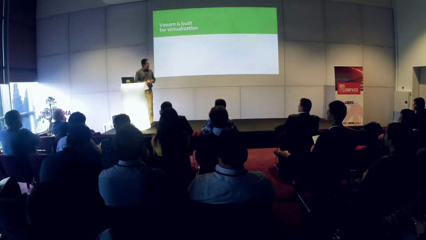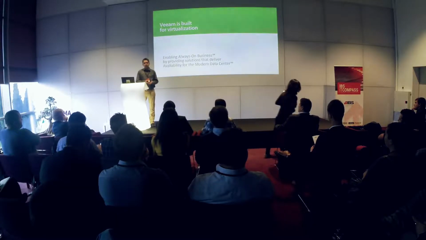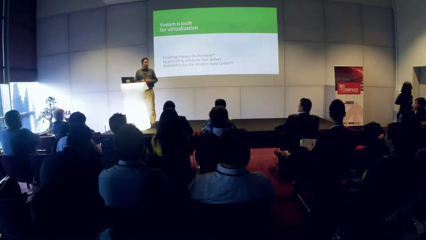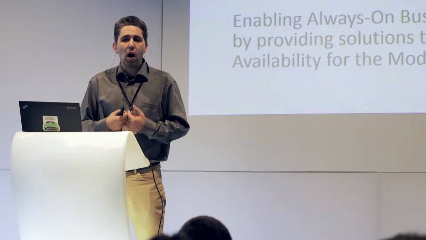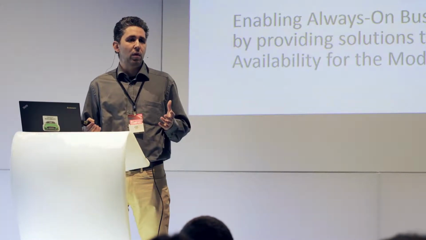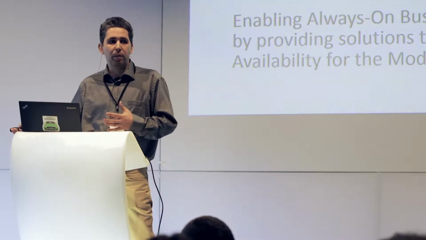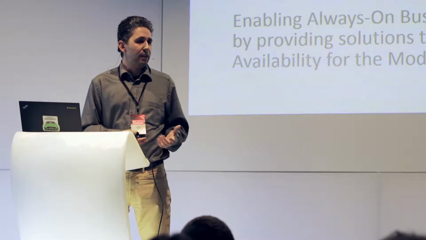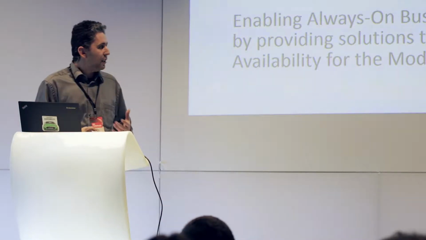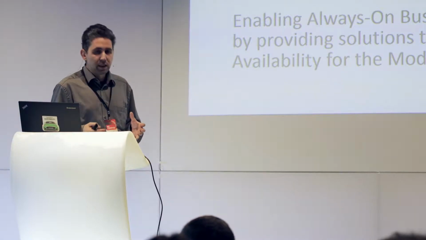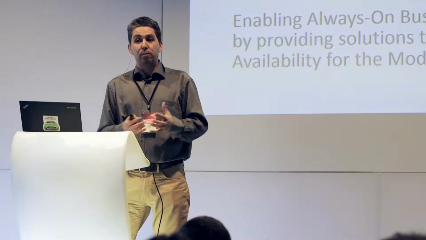We are trying to enable always-on business. Always-on business means we want to have workloads, virtual machines, running all the time. We don't want to have downtime, or if we have downtime, we should be able to recover fast. So for that reason, in the modern data center, we can do some magic, some tricks, because virtual machines are portable.